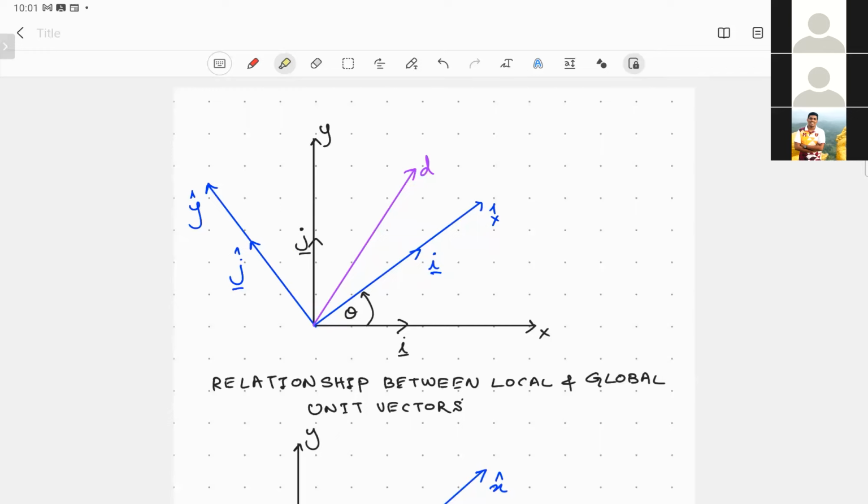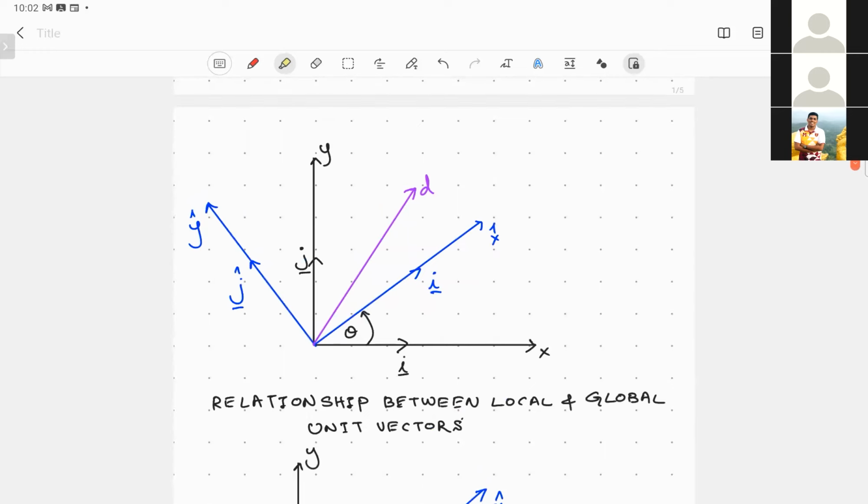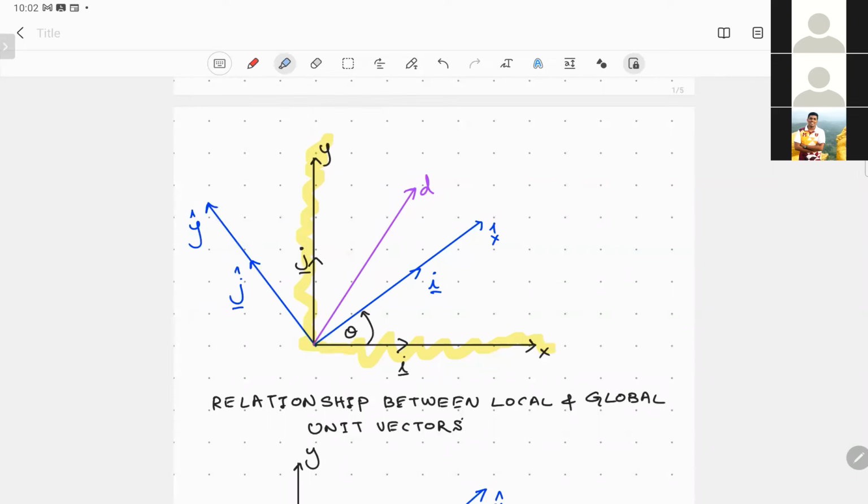Here I have now mentioned the difference between the local coordinate system and the global coordinate system. The global coordinate system is rotated, let's say anti-clockwise or clockwise, theta degrees with respect to the local coordinate system in this case.